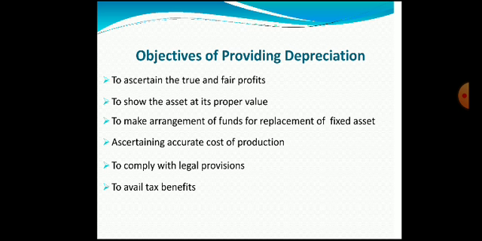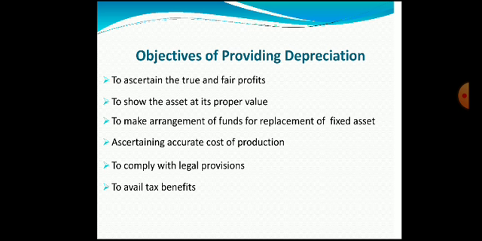Instead, the 20,000 rupees, whatever the value that is consumed during the year, is charged as depreciation, and the same amount is deducted from the value of the asset to arrive at the exact 80,000 rupees, which is the value of the existing asset. So here, by providing the depreciation, the assets can be shown at their proper value.